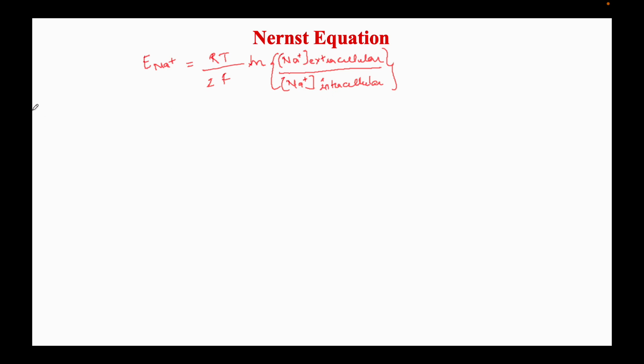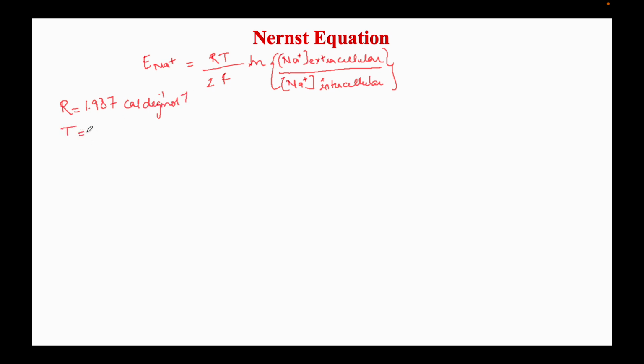We need to find the equilibrium potential of Na plus, so we just need to plug in the values. From the question, they have given the gas constant to be 1.987 calorie degree inverse mole inverse.